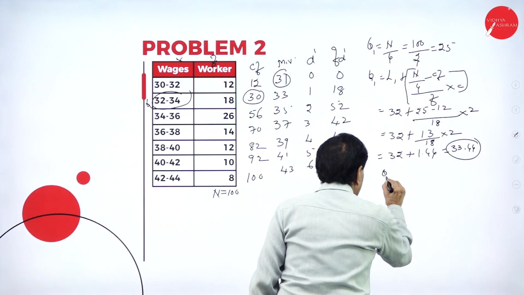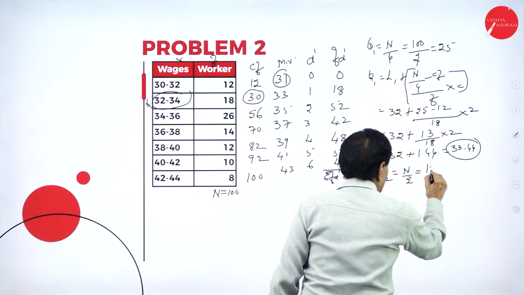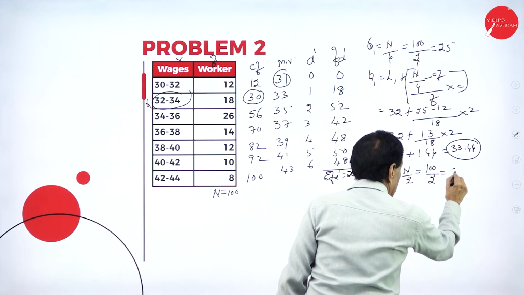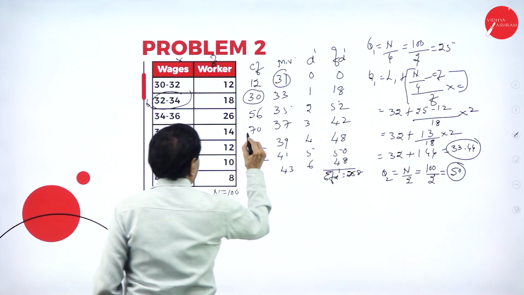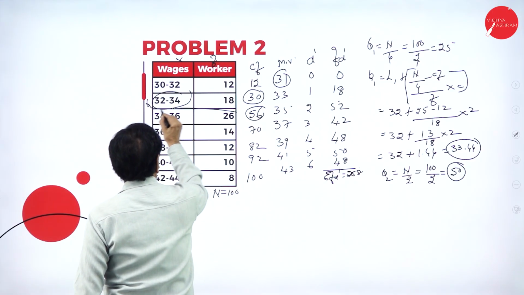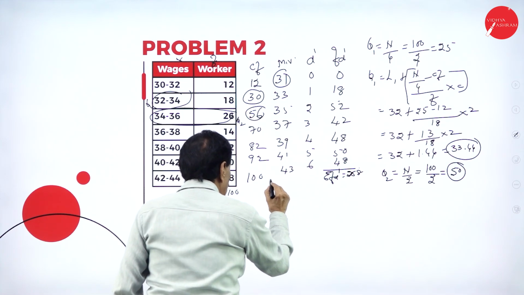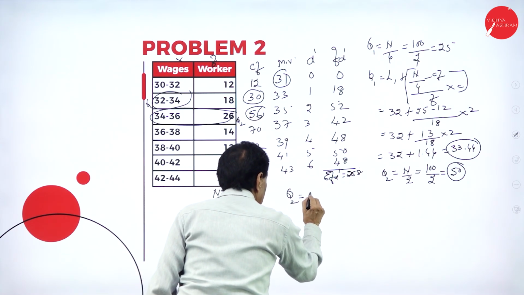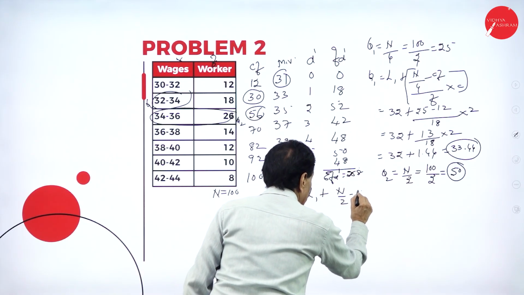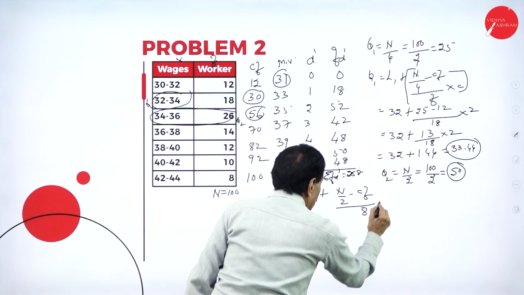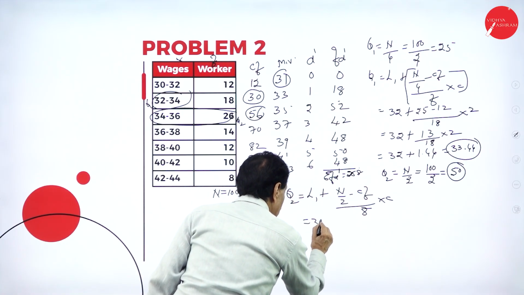Q2 is equal to n by 2, 100 by 2 is equal to 50. Find 50 in CF. It will come under 56. This is Q2. Apply: Q2 is equal to L1 plus n by 2 minus CF over F into C. What is your L1? 34.